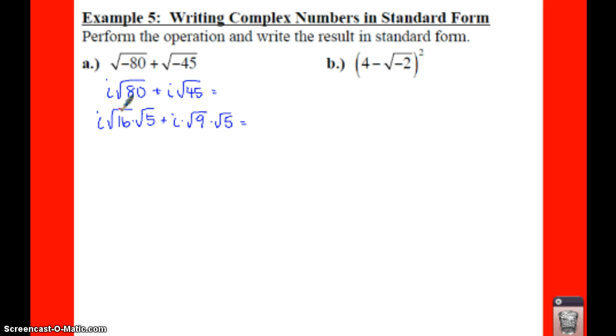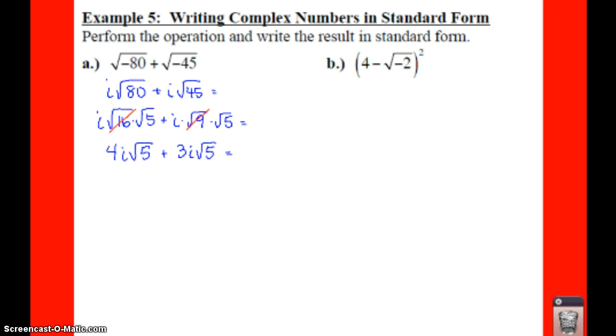So this 16 now becomes a 4, so you get 4 times i radical 5, and the square root of 9 becomes a 3, so you get 3i radical 5.